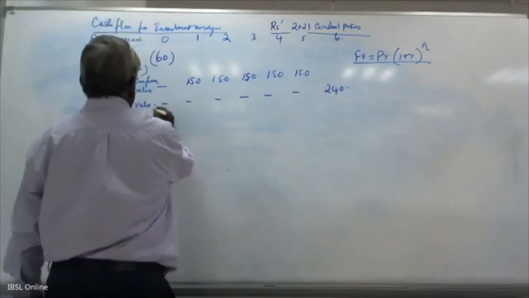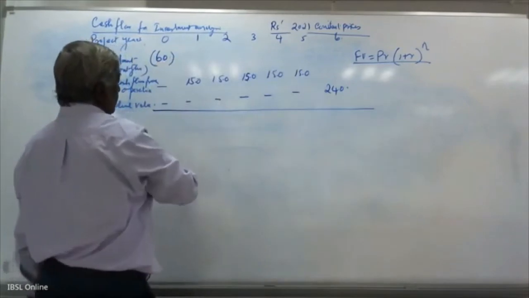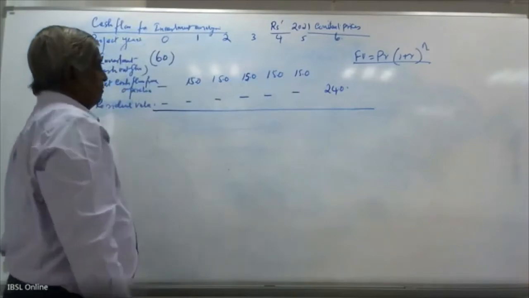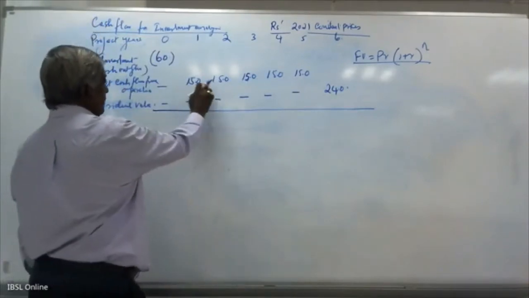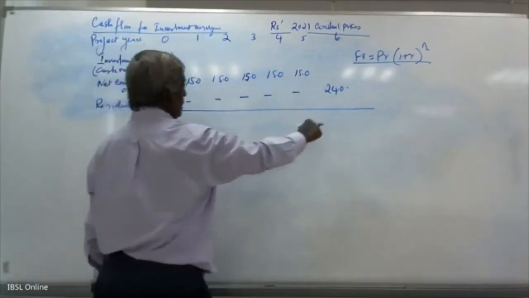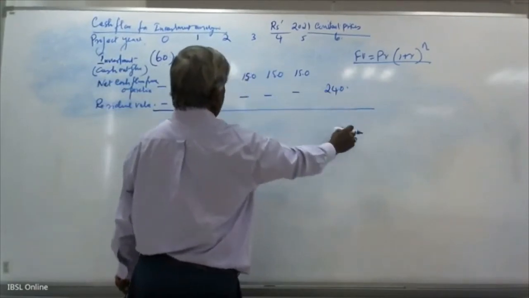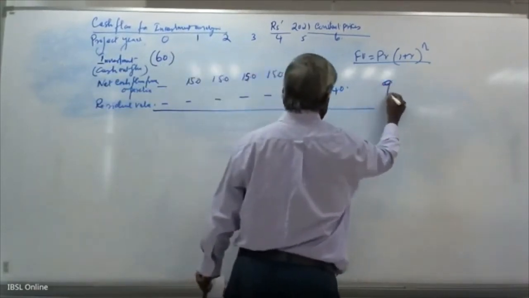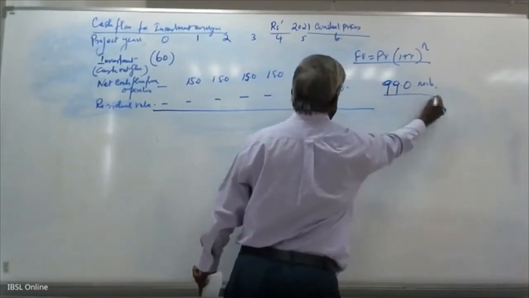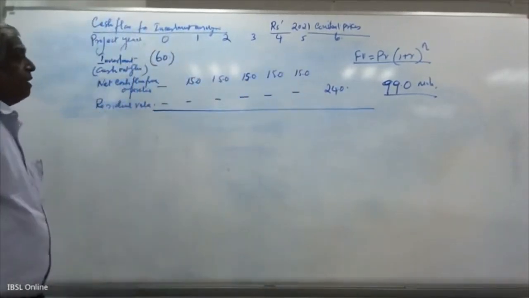Now, this is the investment, and this is the cash inflow for this investment. If you total it up, 15 million five times is 75 million, plus 24 million, that is 99 million. You are getting 99 million over a period of 5 years, investing only 60 million.